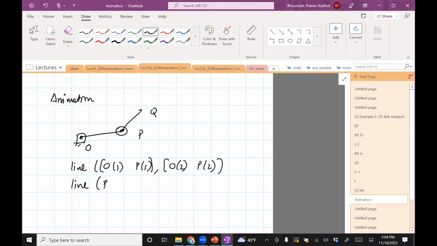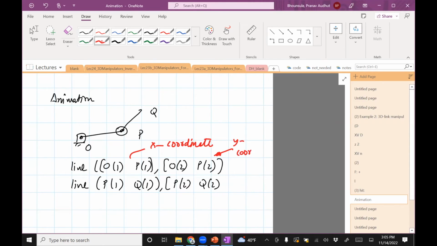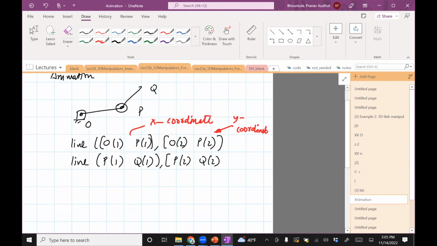And then same thing over here, P1, Q1, P2, Q2. So this is X coordinate. This is Y coordinate.